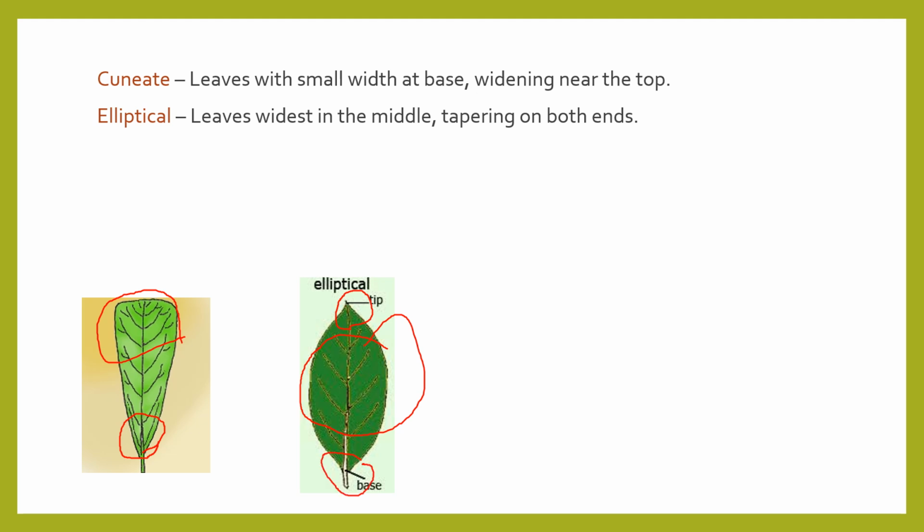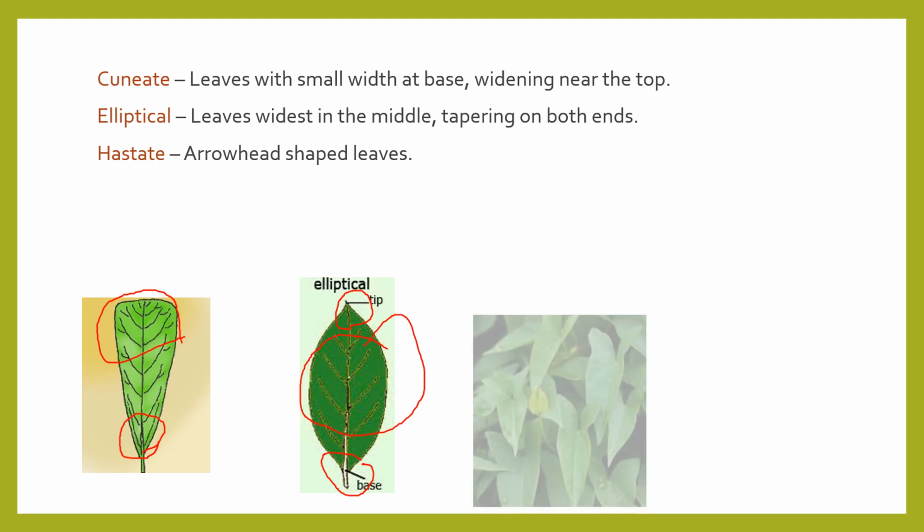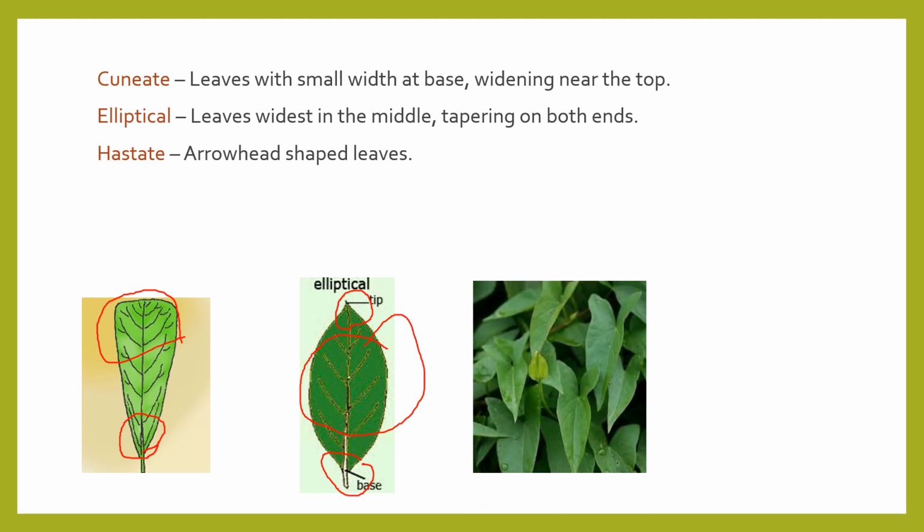So this one is called elliptical leaves. Hastate leaves: the blade looks like a spearhead shape, like this one. It's called hastate, like a spearhead shape.